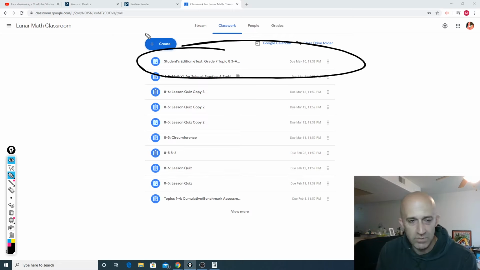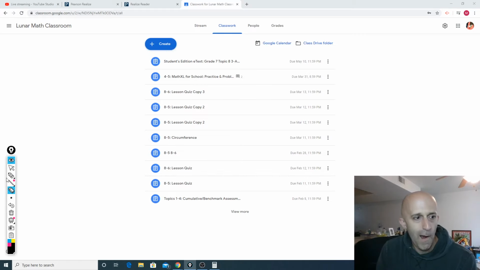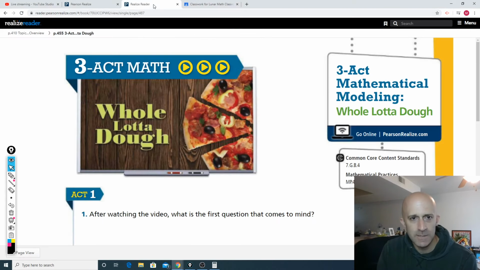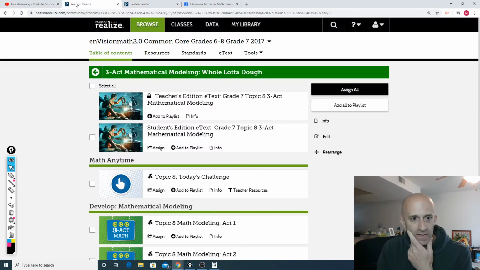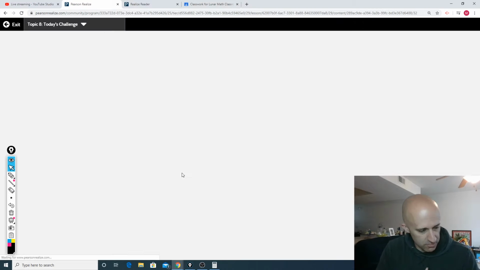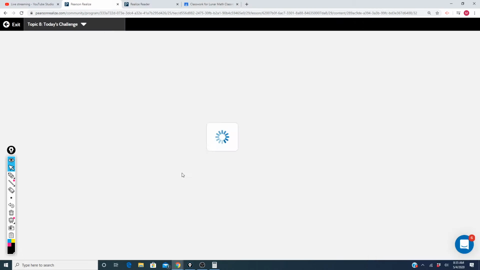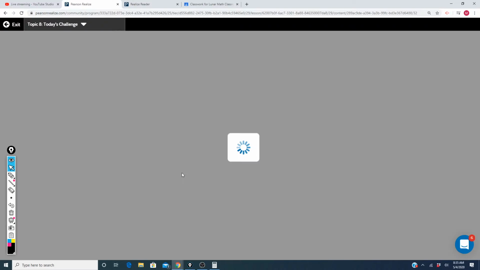If you're on a computer or a phone, it's almost pointless to bring it up because it'll take way too long, just because of the way the website works. But with that being said, I want to bring up what we're going to be working on here. This is the first part. We've been talking about surface area, scale drawings, triangles, circles, all that good stuff.